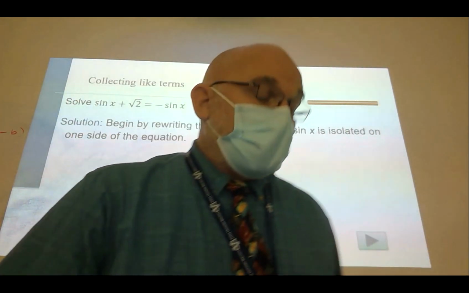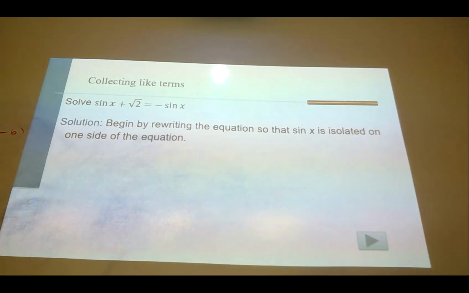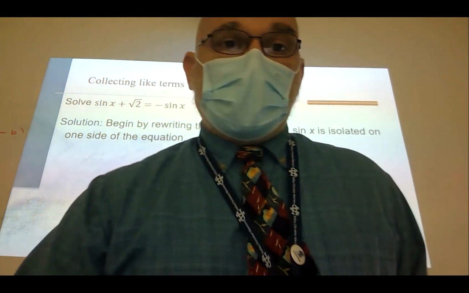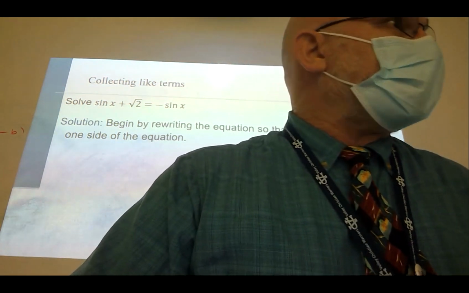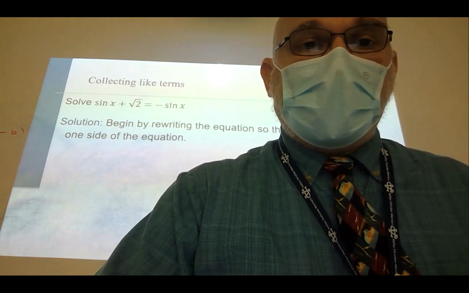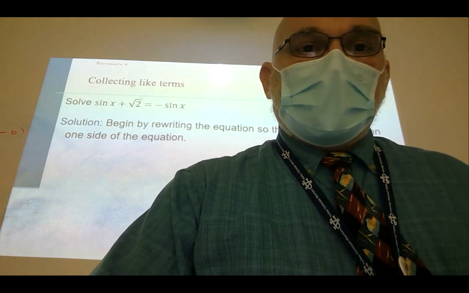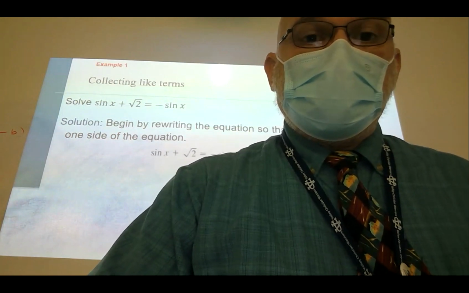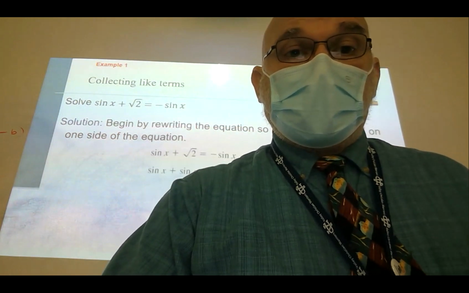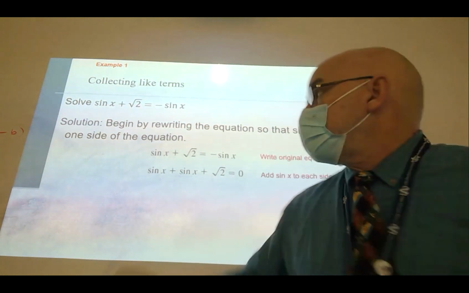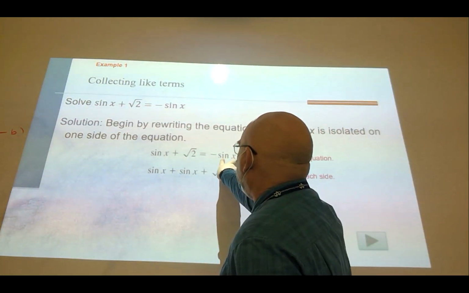All right, so just like in algebra, we want to collect like terms. We can do the same thing with trigonometric functions. So begin by rewriting the equation so that sine x is isolated on one side of the equation. Just like we would try to solve for x or y or z or whatever it might be in an algebra expression, we are going to do the same thing with trigonometric functions. So now I'm going to add this negative sign to both sides.